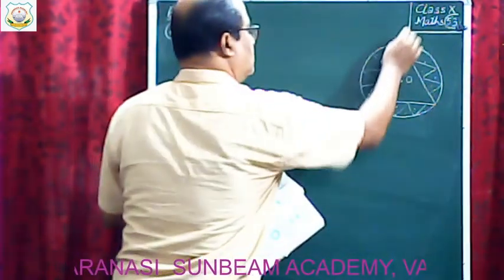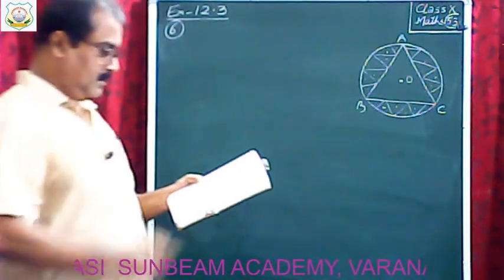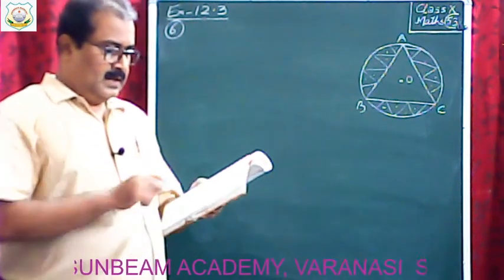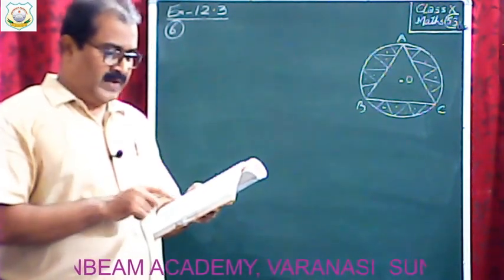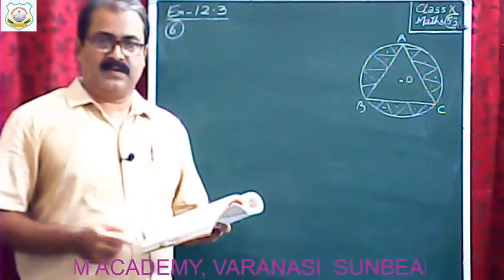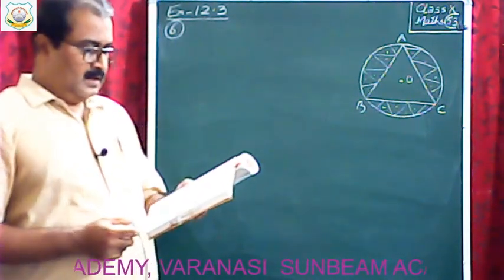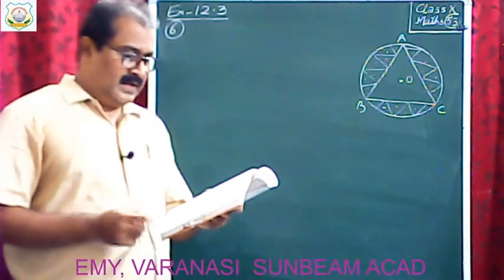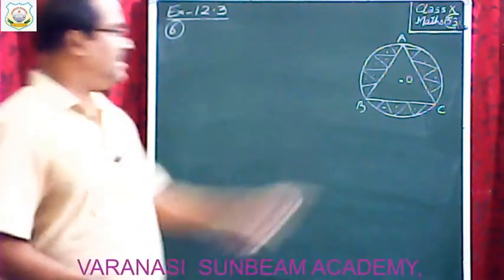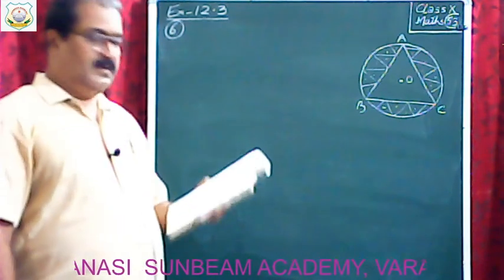ABC in a circular table cover of radius 32 centimeter, design is formed leaving an equilateral triangle ABC in the middle as shown in the figure. Find the area of design or shaded region. The table cover is given radius 32 centimeter. Okay, these are the design. Find the area of design.